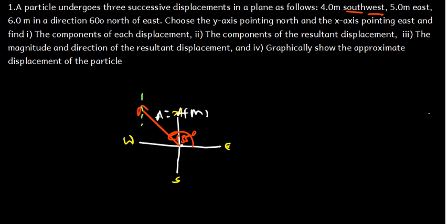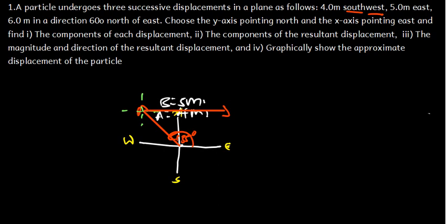You know that this line is east. So we start from there, and this has to be a bit longer than vector A. We say this is B, which is 5 meters. We have reached our destination.